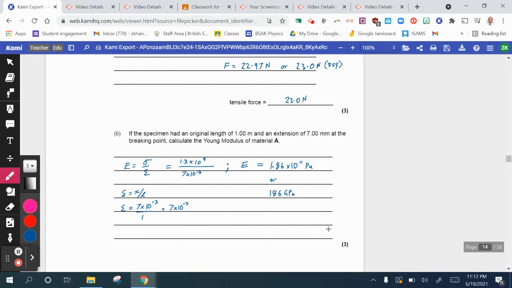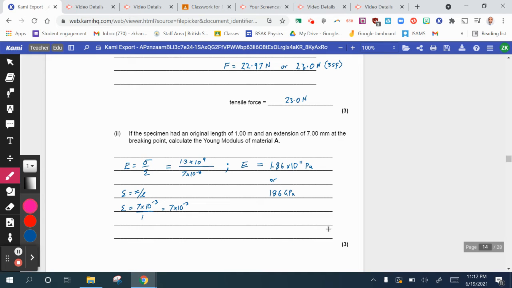The strain is the extension divided by the original length. The extension is 7 millimeters, but because the length is given in meters, we have to convert that into meters as well, dividing by 1,000. So 7 times 10 to the minus 3. The length is 1 meter, so we divide by 1.